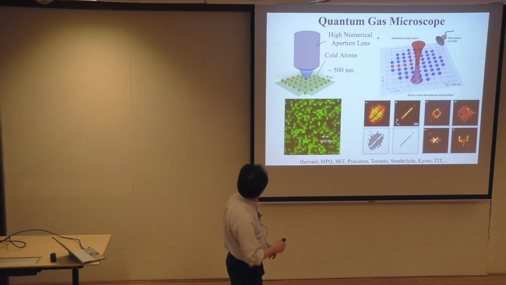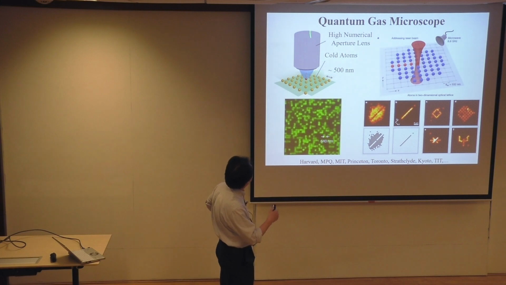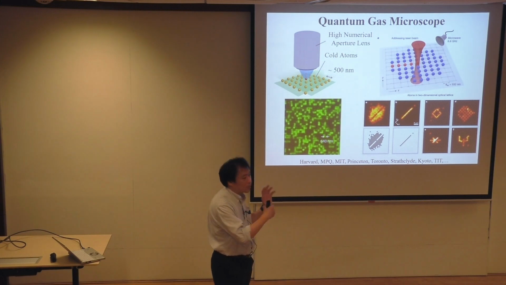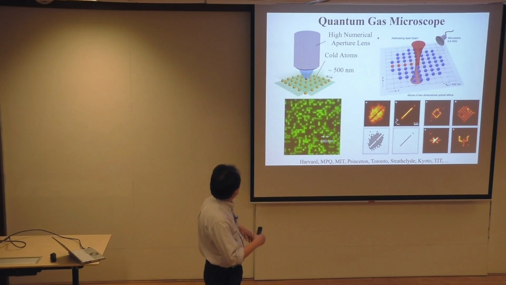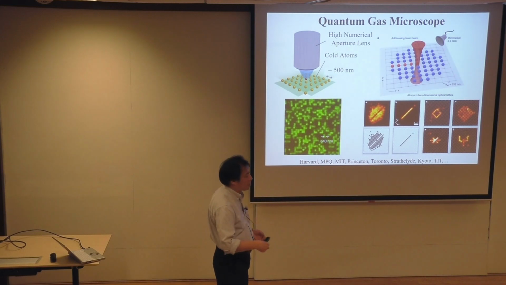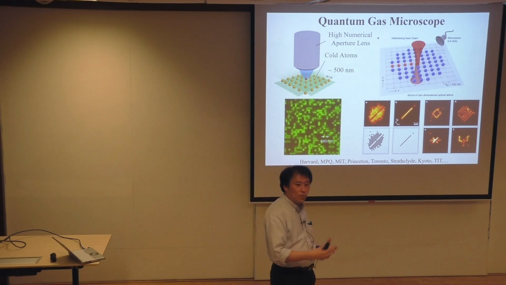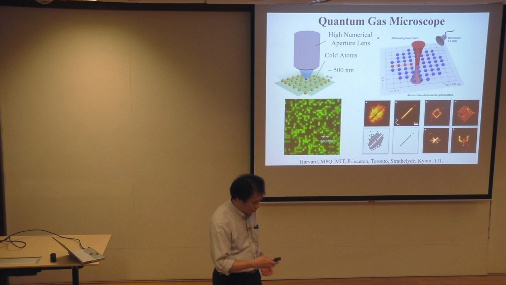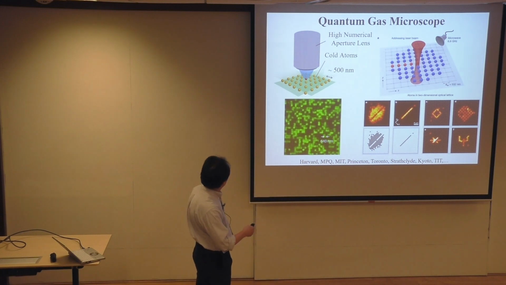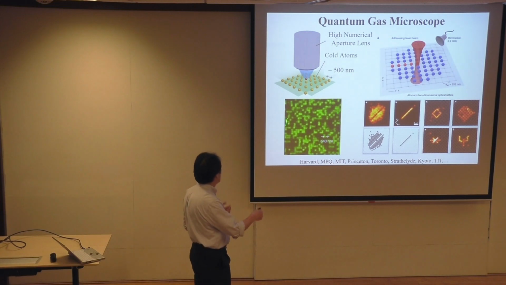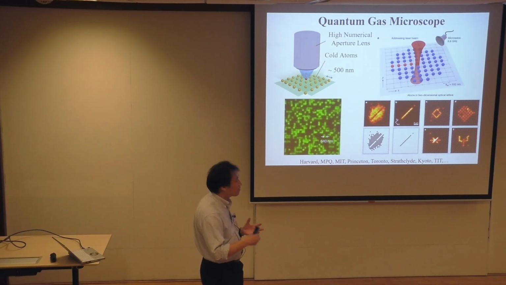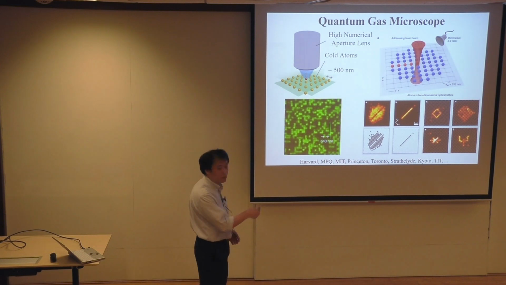By using a high numerical aperture objective lens close to the quantum gas in an optical lattice, one can achieve very sensitive detection of single atoms with high spatial resolution. One can achieve site-resolved imaging of single atoms in an optical lattice like this.